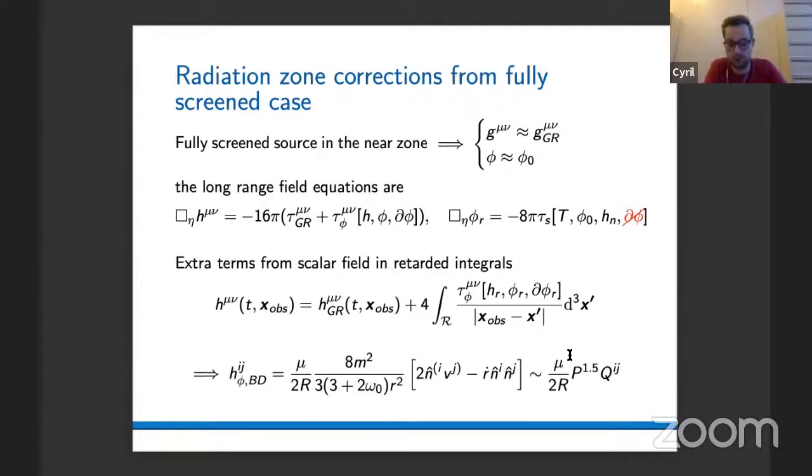And you can show this is at 1.5 order compared to general relativity, but it doesn't have this factor alpha to the power q that makes the other term smaller. So even though it enters at lower order than the one we calculated before, it's not certain that this contribution would be smaller than the one before.